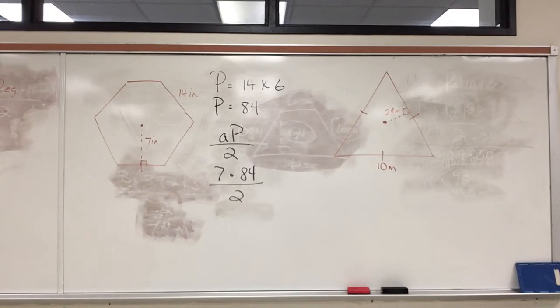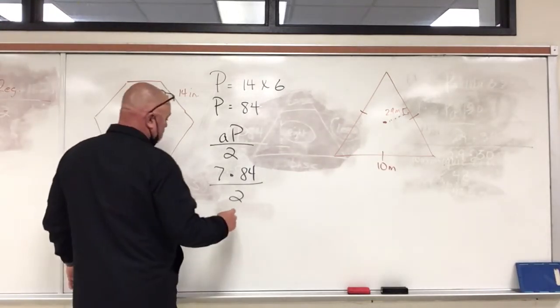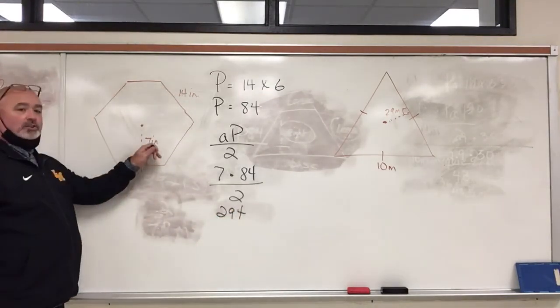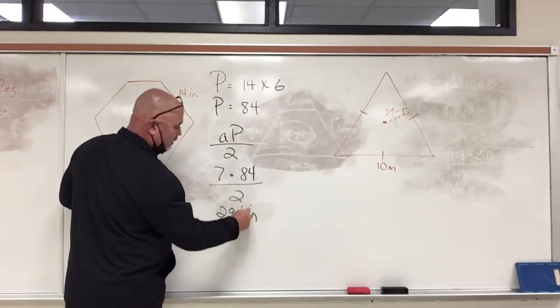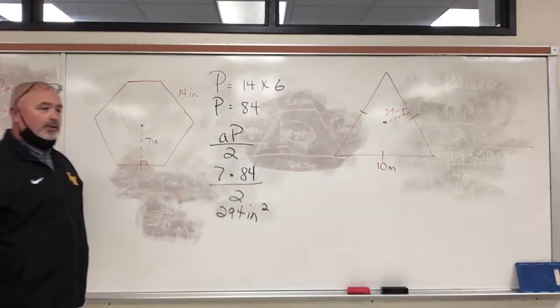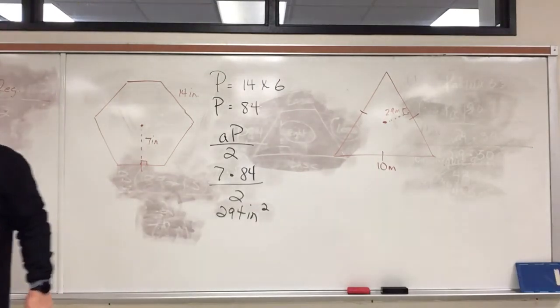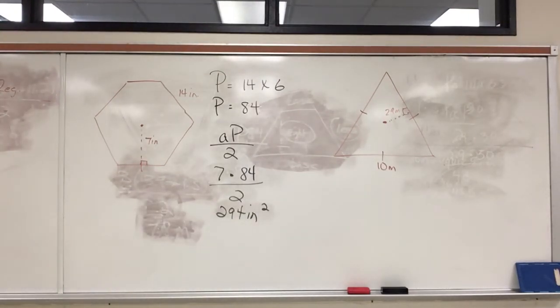You go 7 times 84 divided by 2, and you get what? 294 inches squared. So the area of this polygon is 294 inches squared. Isn't that easy? Find the perimeter, multiply perimeter times the apothem, divide by 2. That's all you got to do today.